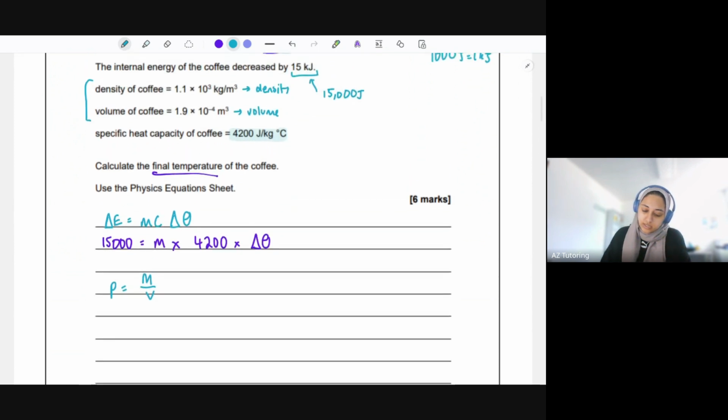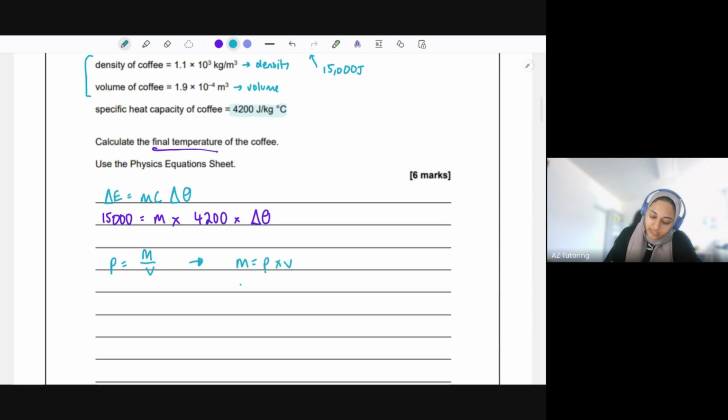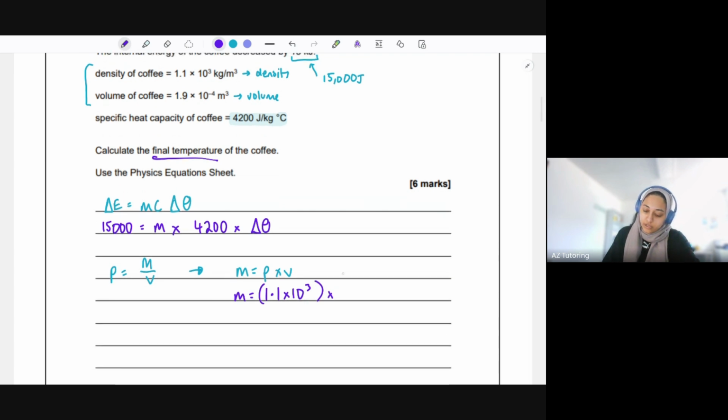We know the density is 1.1. Well, we're working out mass, so we could rearrange the equation as well. So mass equals, to get m by itself, I'm going to be timesing by v on the left-hand side. That's just density times the volume. So therefore, the mass just equals the density, which is 1.1 times 10 to the power 3, times the volume, which is 1.9 times 10 to the minus 4.